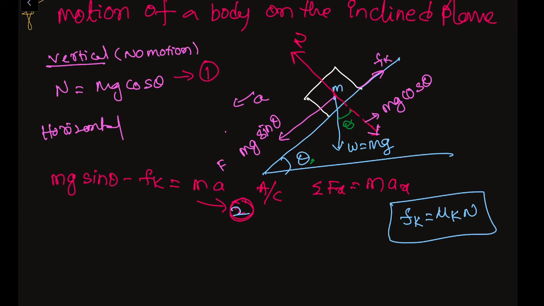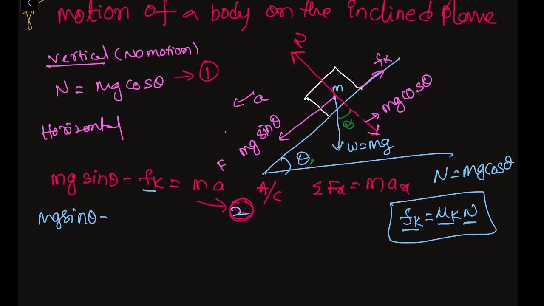Clear, children? We know that N is equal to mg cos theta. So mg sin theta minus Fk, where Fk is equal to mu k, the coefficient of friction, into N.